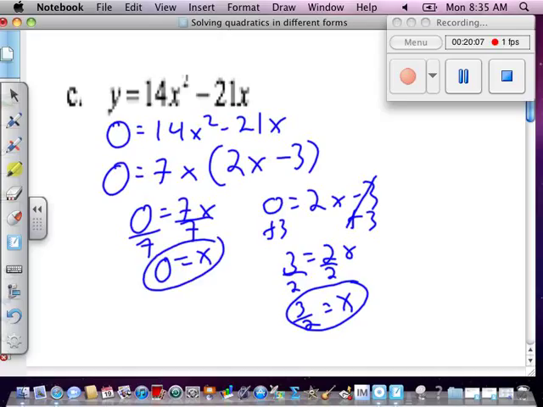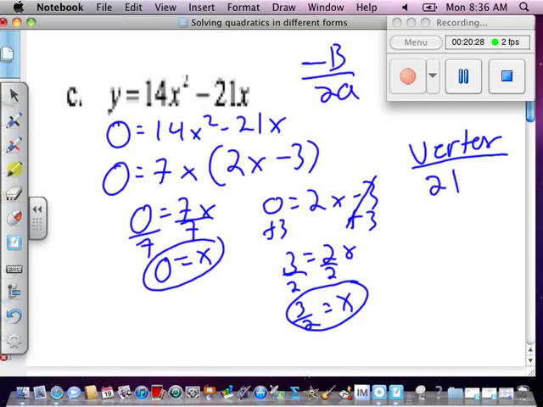Now I have to find my vertex. We take negative b. What's b for this? Negative 21. So negative 21 is b, but I'm not sure why we're talking while I'm talking. Negative b over 2a. So I will have positive 21 over 2 times 14. So I will get 21 over 28, which gives me 0.75.